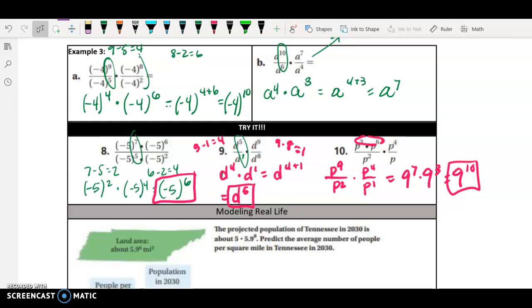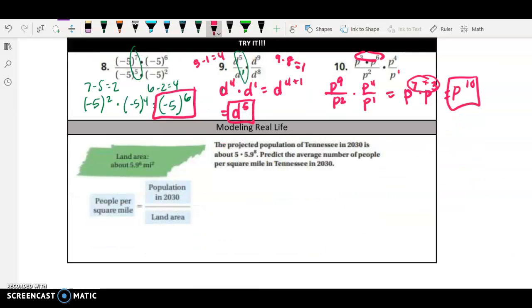Sorry, I don't know why I wrote a 9 there, those should be p's. And then p to the 3rd, so 4 minus 1 is 3. So I have 9 minus 2 is 7, 4 minus 1 is 3. Add these exponents, and we get p to the 10th.